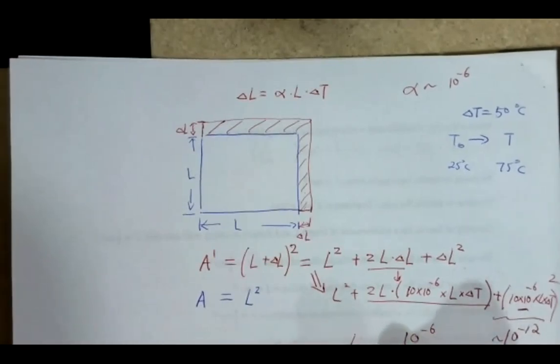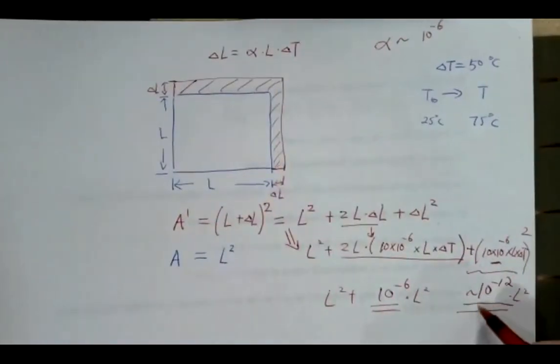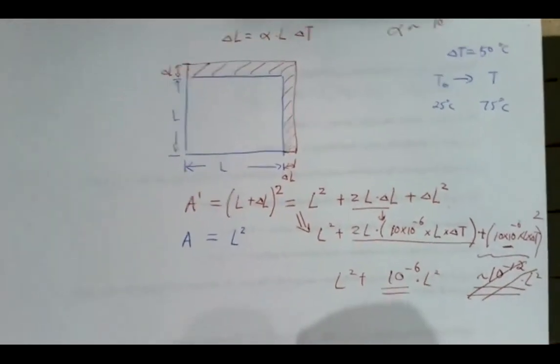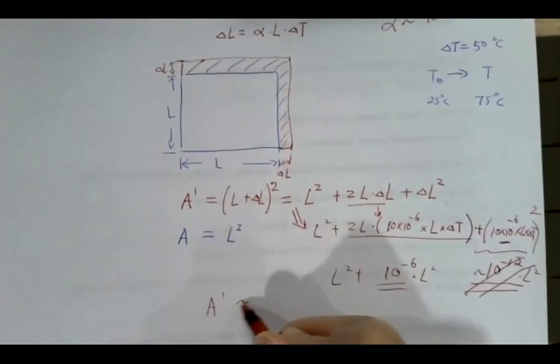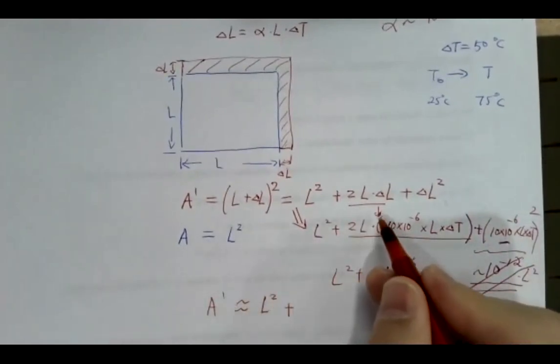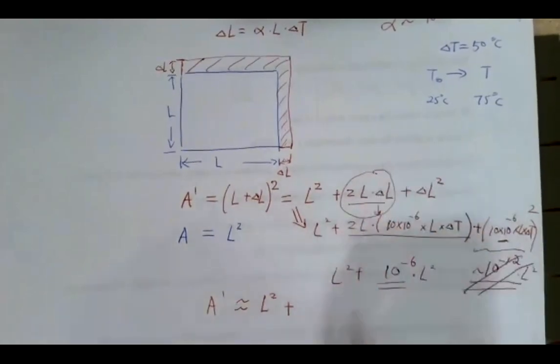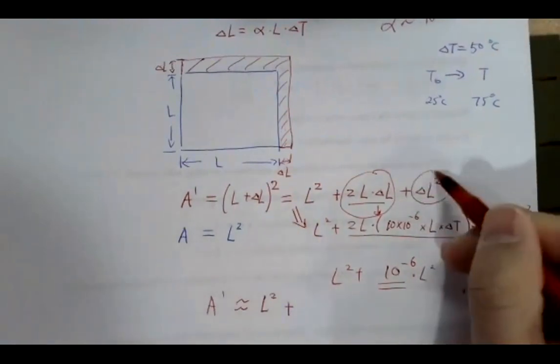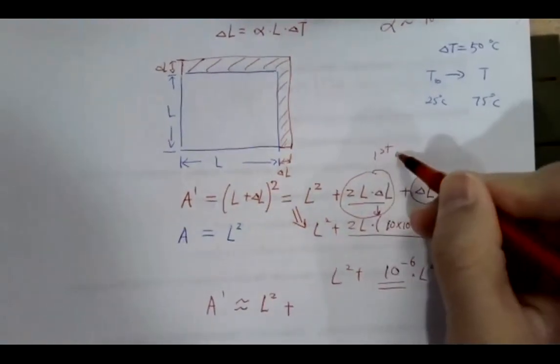When you have something like L squared plus something times L squared, and then this times L squared, we can ignore the second order smaller term, because this is very small. So you can take this out. Then your A prime is approximately equal to L squared plus just this term. This is the first order approximation, and this is called the second order.